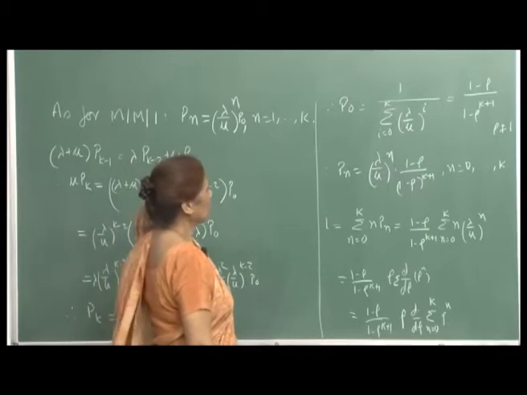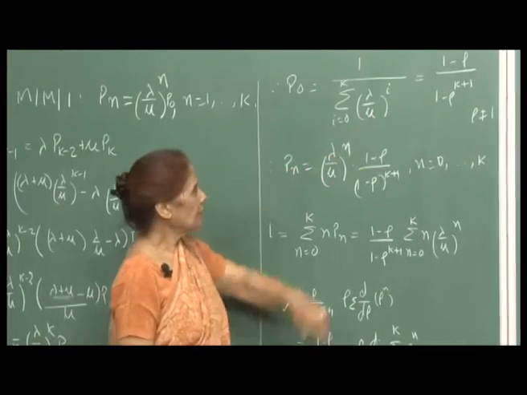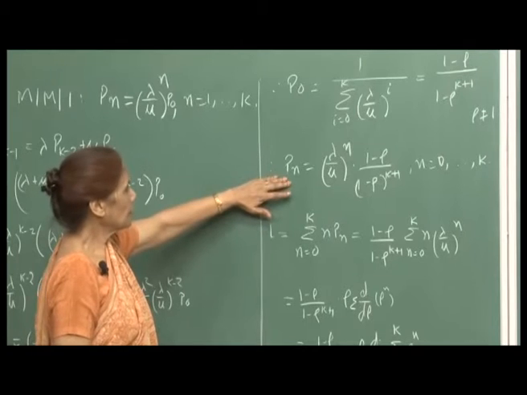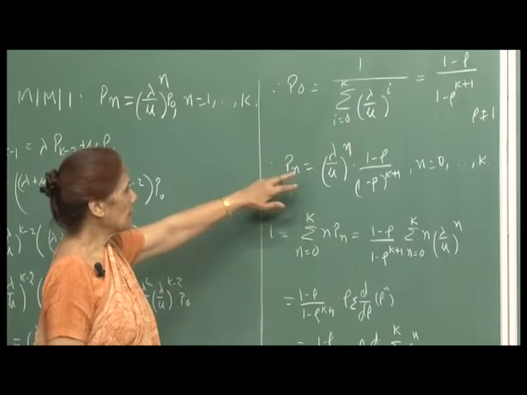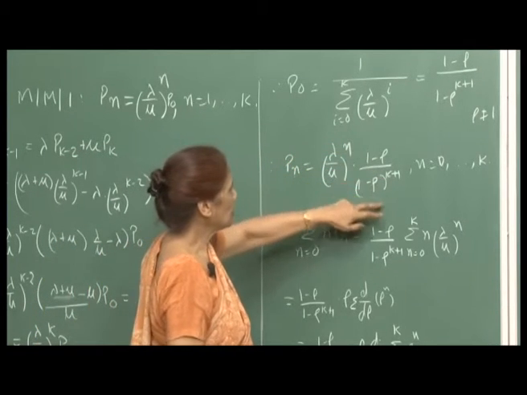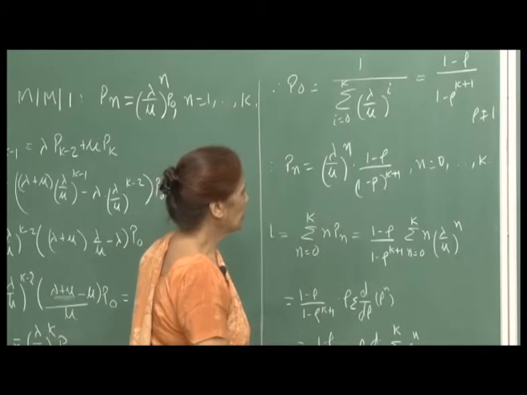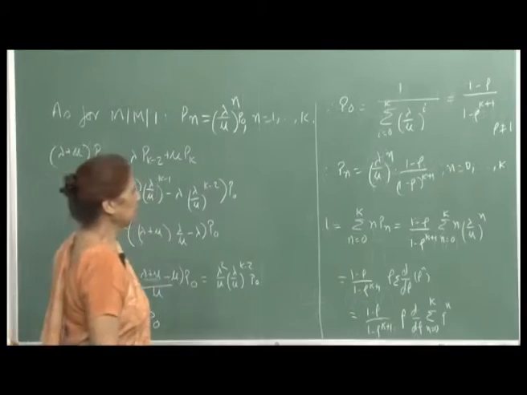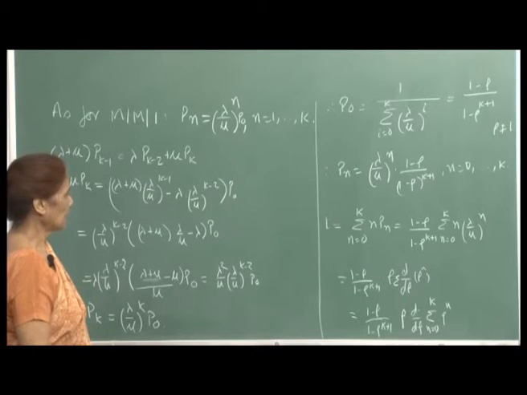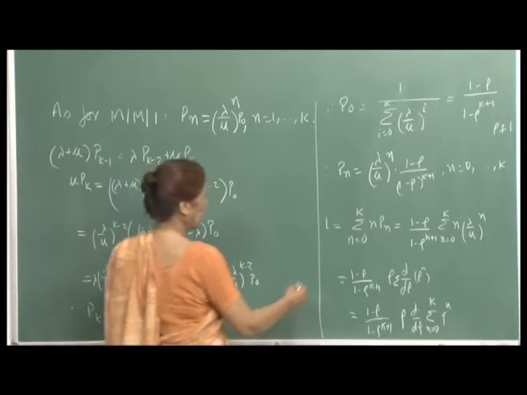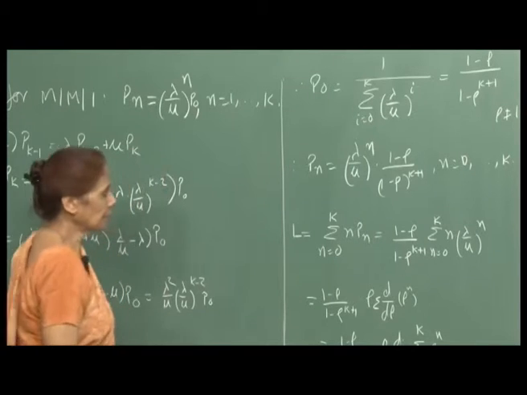So, that can be written down immediately. So, therefore, this is your value of P naught and so you get a closed form for P n, which is lambda by mu raised to n into 1 minus rho upon 1 minus rho raised to k plus 1. So, this is valid for n varying from 0 to k, right. Now, you want to find out the average number of people in the system.